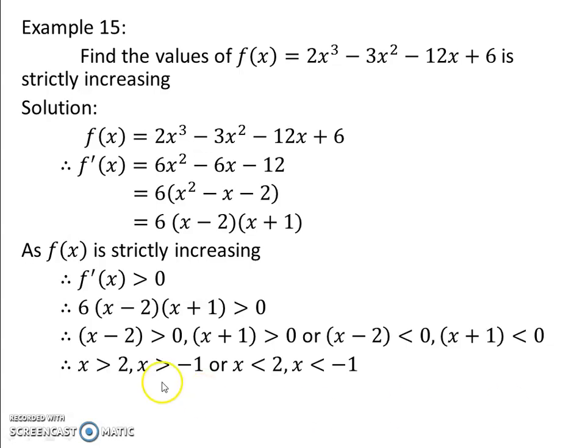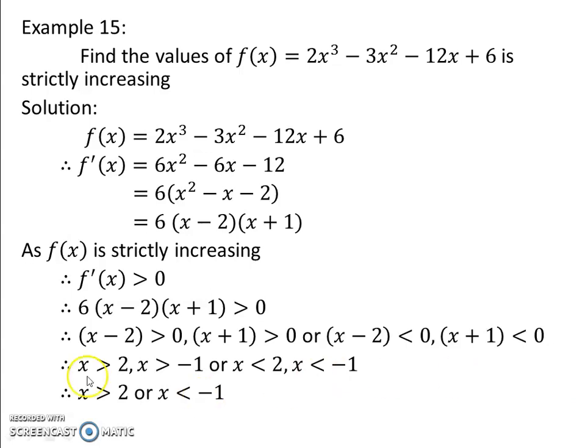So the common portion will be x greater than 2. For the other one, x less than 2 means to the left of 2, and less than minus 1 means to the left of minus 1. So the common values will be x less than minus 1. So we get x greater than 2 or x less than minus 1.